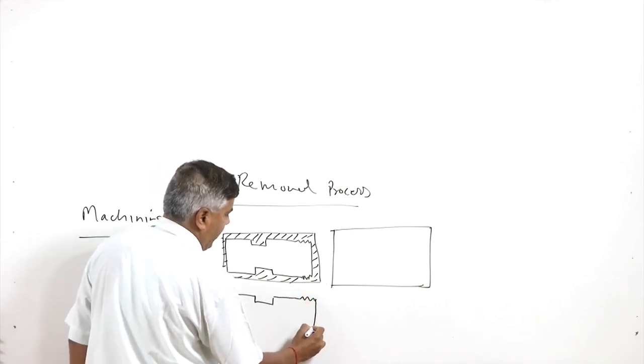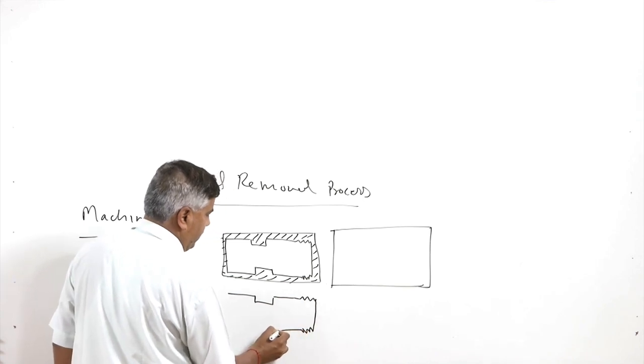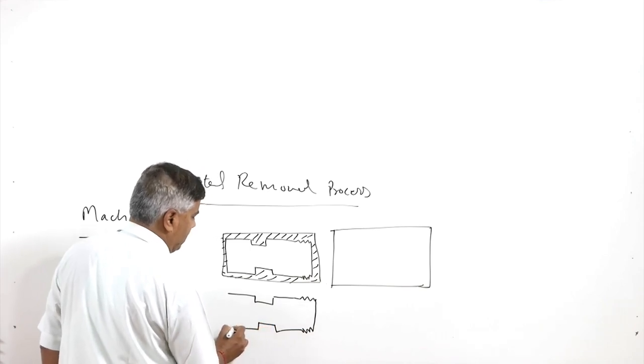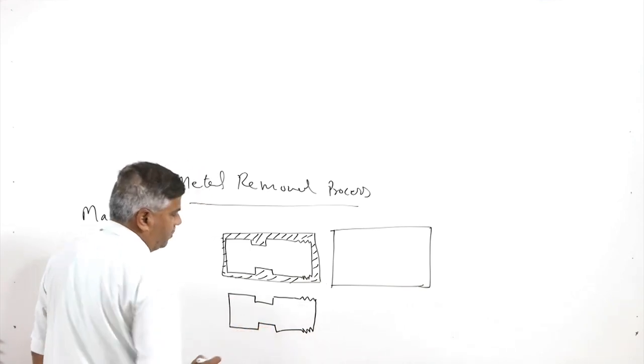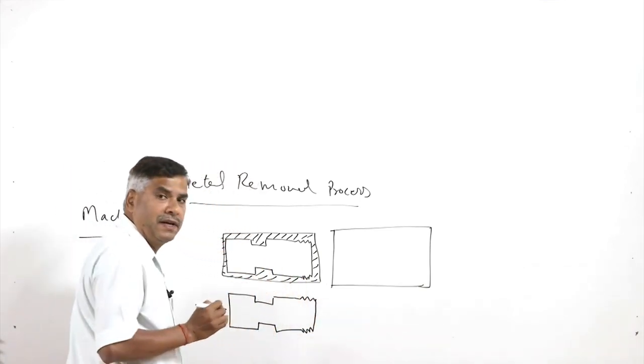This is the product that we want to have, and since this kind of product is a bit complex, the requirements are more in terms of tolerance and surface finish.